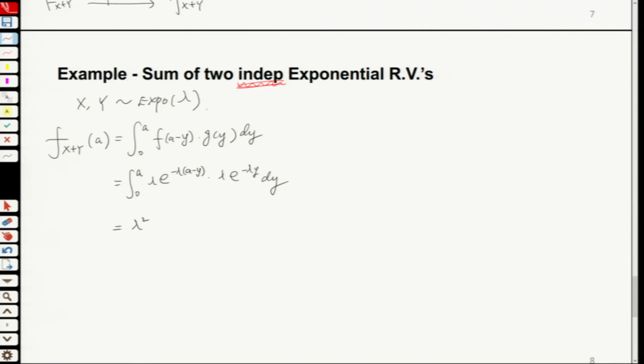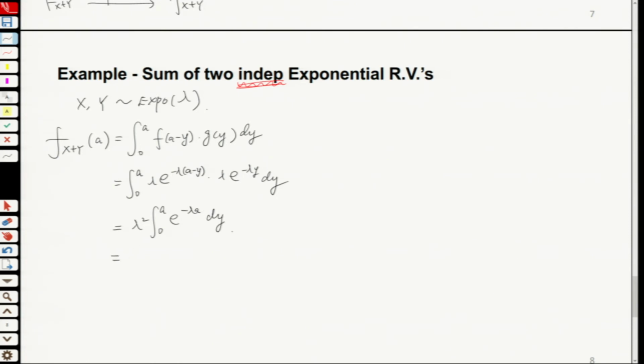This becomes lambda squared times the integral from 0 to a of the exponential. You see here, negative and negative become positive, and you have a negative lambda y here, so they cancel. What is left is only minus lambda a, dy.